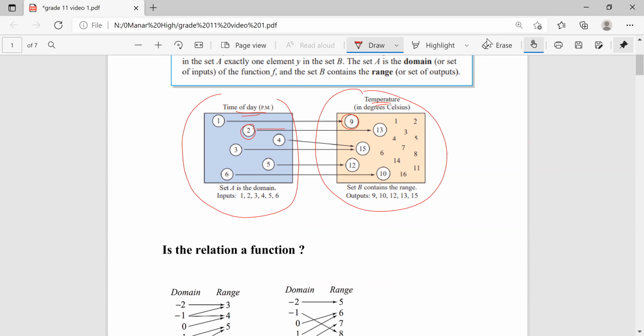That means we must say that a relation can or can't be a function, but a function must be a relation. Okay, so here, if we focus on the values of X inputs, we can see that each value has only one arrow coming out of it, one arrow, which means it is corresponding to only one value.